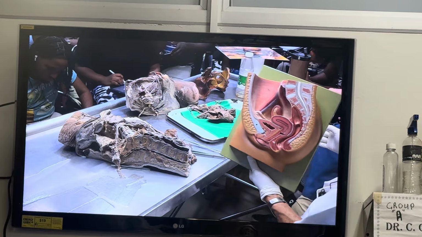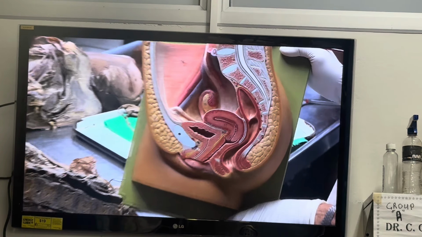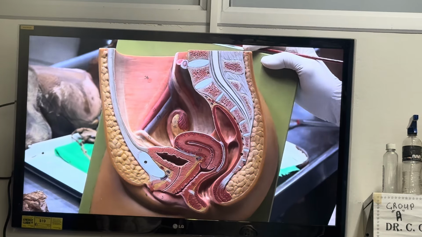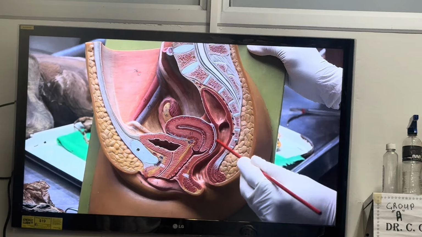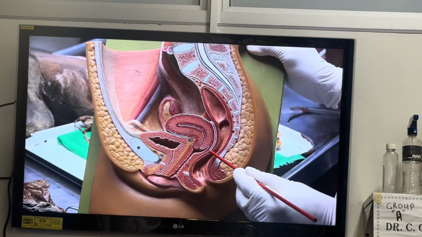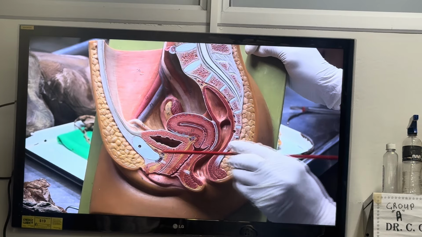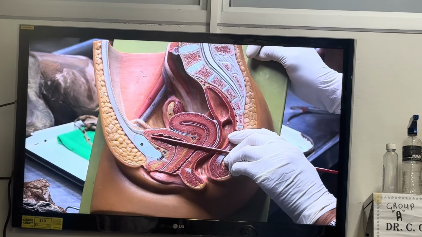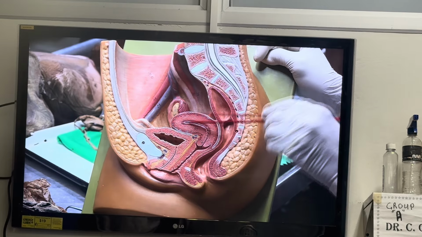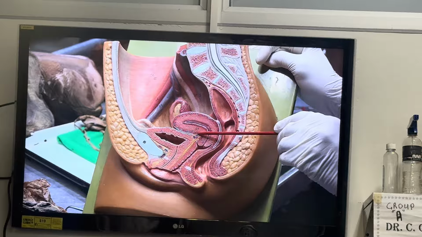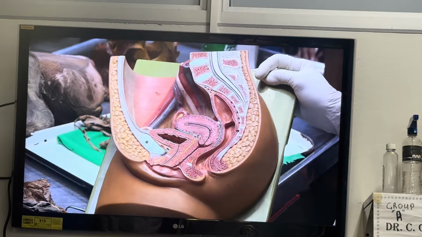This shows it, the white colored things here are the pouches. So the most dependent part of the posterior pouch of Douglas is related to the external os, whereas the uterovesical pouch is related to the internal os, so don't forget that. So we have the uterus now.